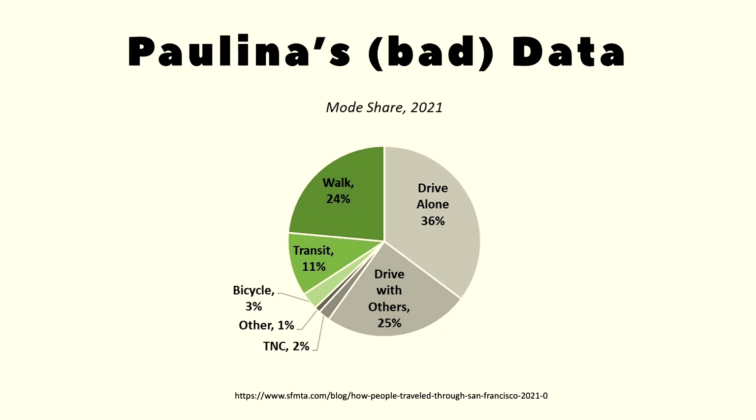This data is about how people in San Francisco use transportation after COVID. You can see people who drive alone, walk, use public transportation, drive with others, and so on.